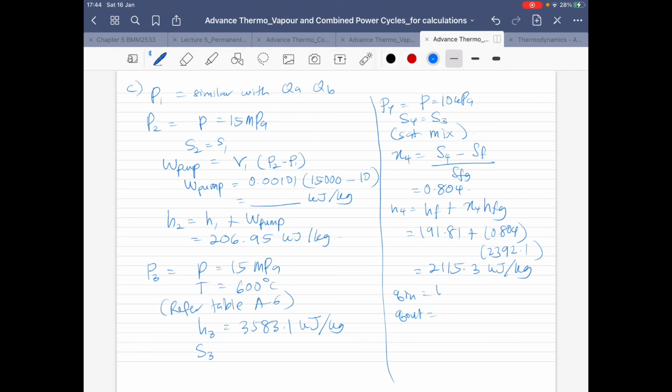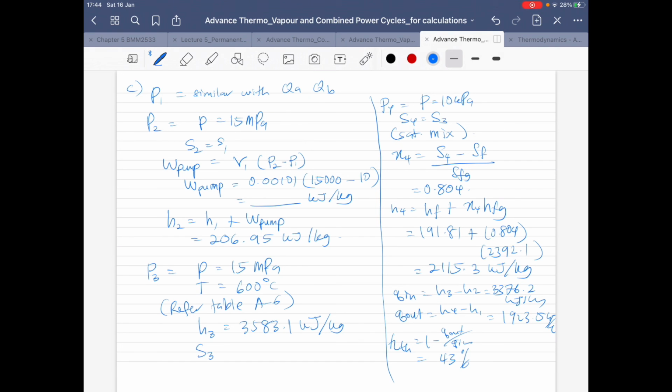Q in is H3 minus H2, Q out is H4 minus H1. So we get the value for Q in as 3376.2 kilojoule per kilogram. Q out is 1923.5 kilojoule per kilogram. Then we get the efficiency, 1 minus Q out over Q in, equal to 43%.